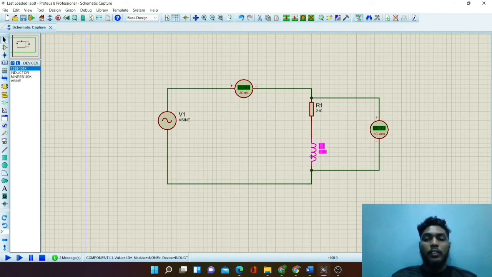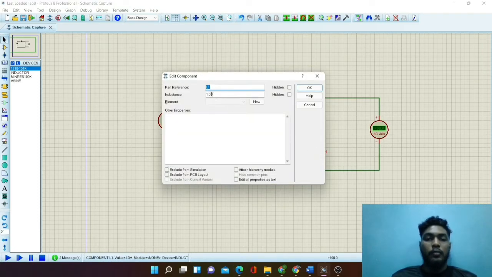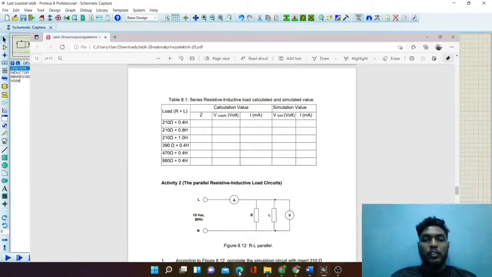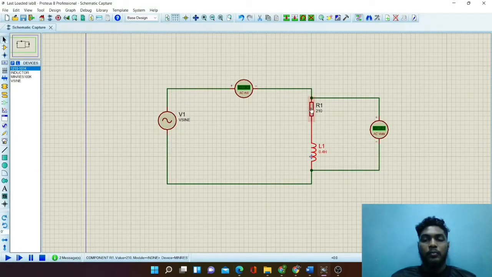After this, the inductance value will be 0.4 and only the resistance value will be changed. The resistance value is 390 ohm.